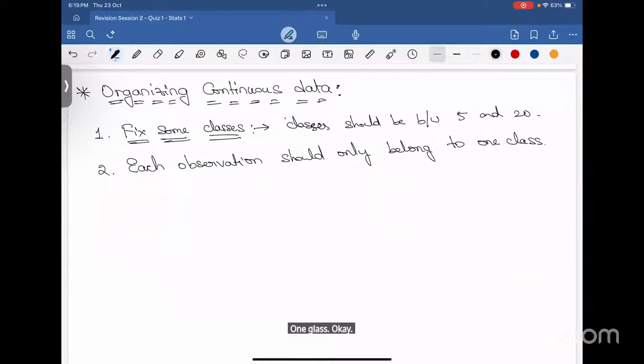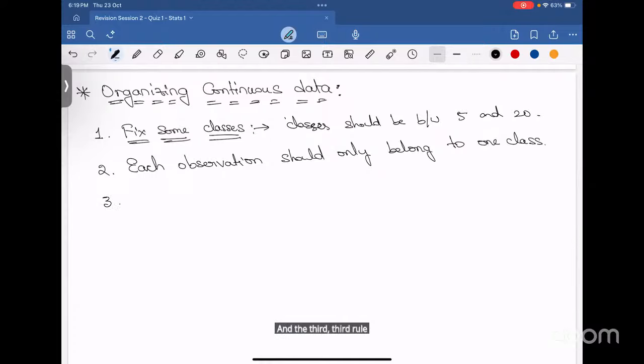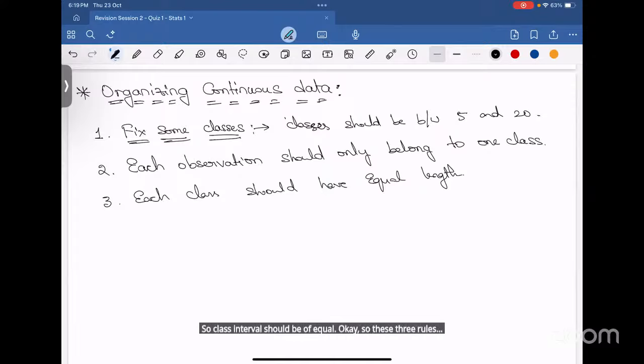No observation should belong to two classes. And the third rule is, each class should have equal length, equal interval. So the class interval should be of equal length. So these three rules we should follow.